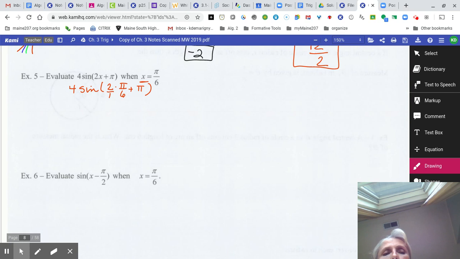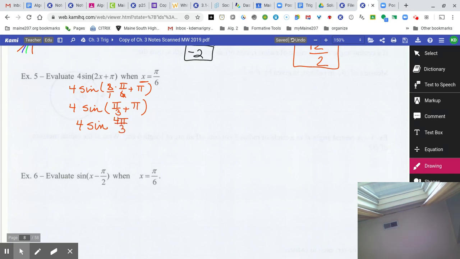Okay, well, for me to simplify this, this one is pi thirds plus a pi. So a pi plus a third of a pi would make 3/3 plus 1/3, which would tell me I would have 4 times the sine of 4 pi thirds.